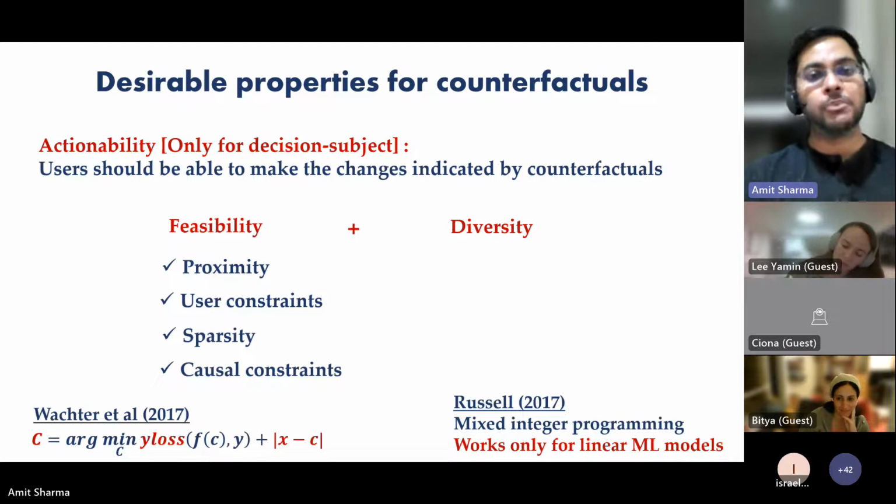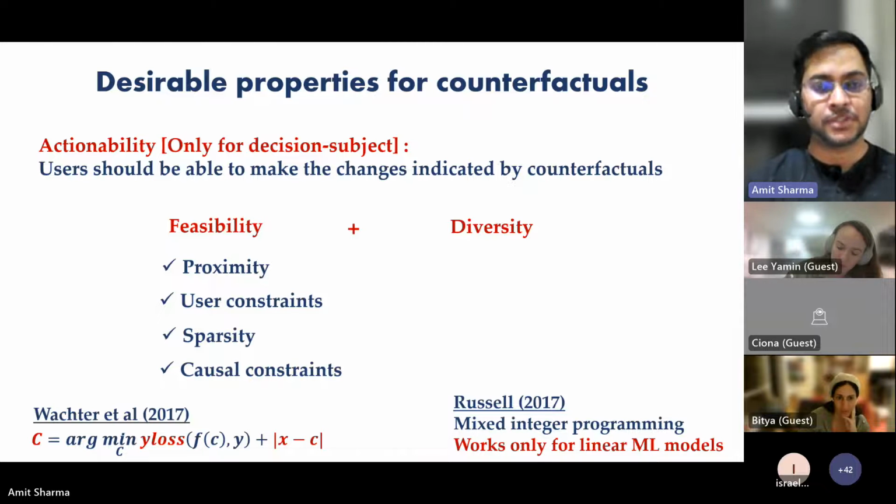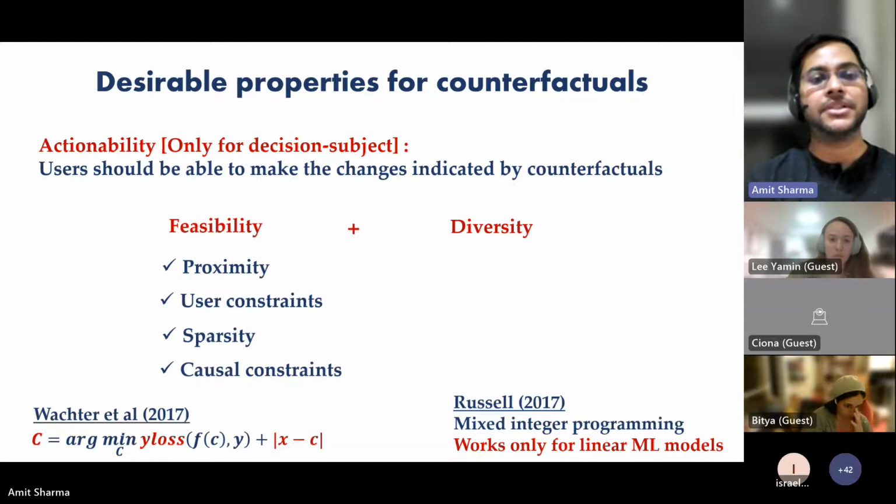All right. So if you now believe that counterfactuals can be useful, we would want to think of what the desirable properties for counterfactuals are. Well, first, they should be feasible. And feasibility is a vague concept, but I think you can make it more precise by thinking of proximity.